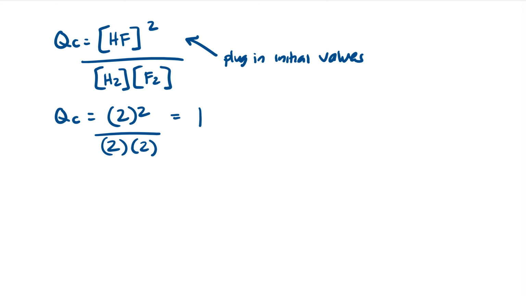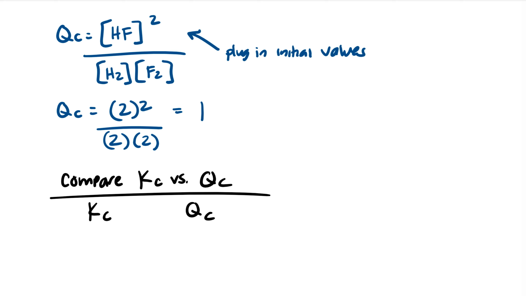The next step is then to compare Q to K. Kc was given to me in the problem. It is 1.15 times 10 to the second, and then the Qc we just calculated as being 1. So we can see here that Kc is greater than Qc.